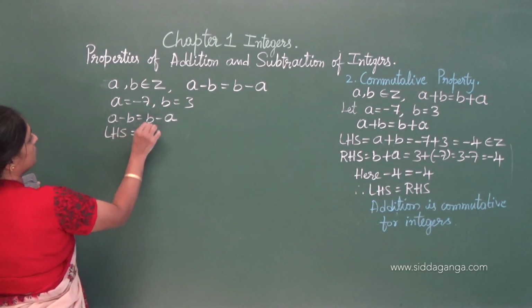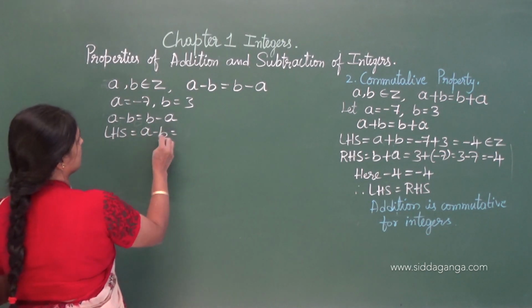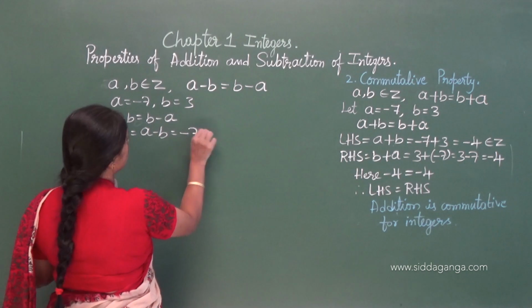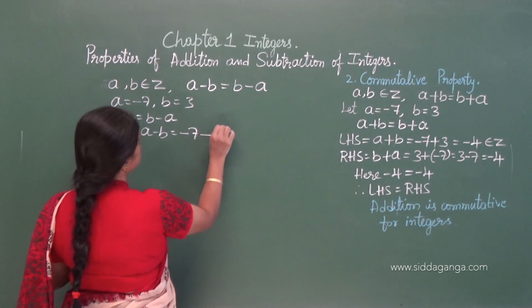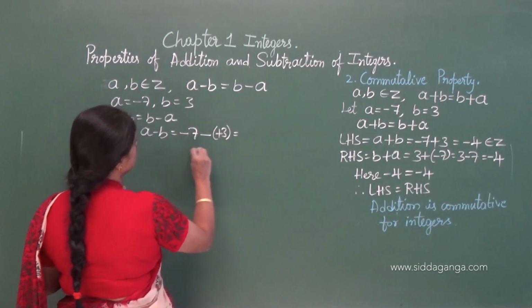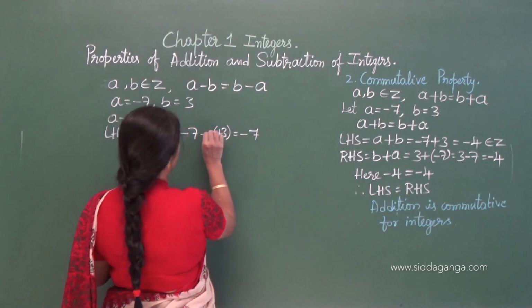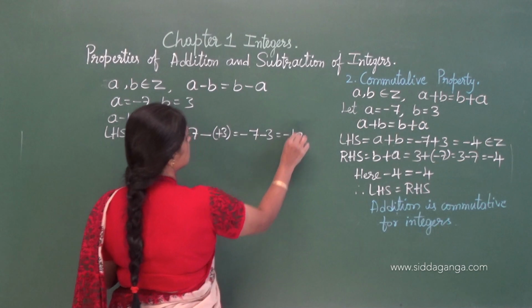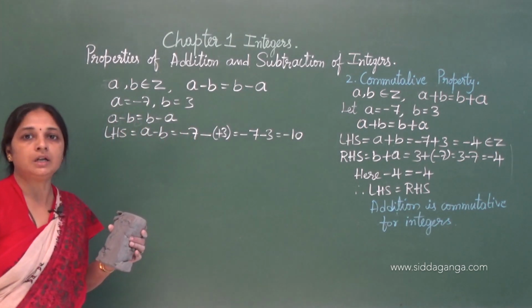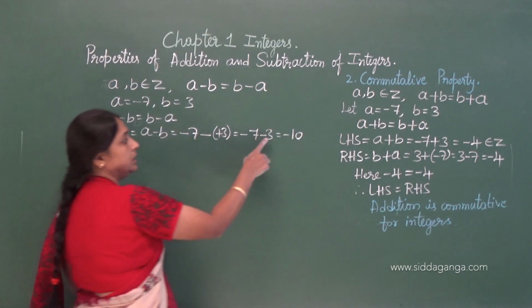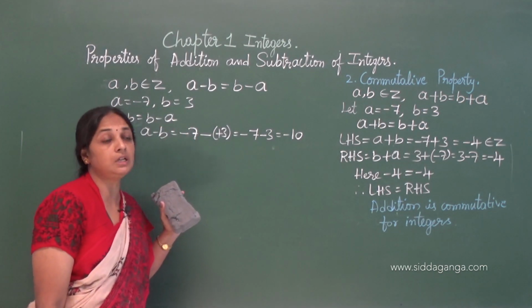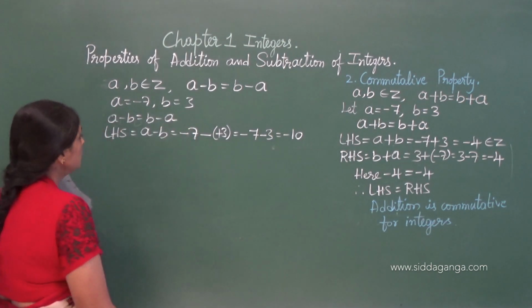LHS is equal to a minus b, that is equal to minus 7 minus plus 3, that is equal to minus 7, minus into plus is minus 3, so that is equal to minus 10. Both are negative integers, so the answer is minus 10.